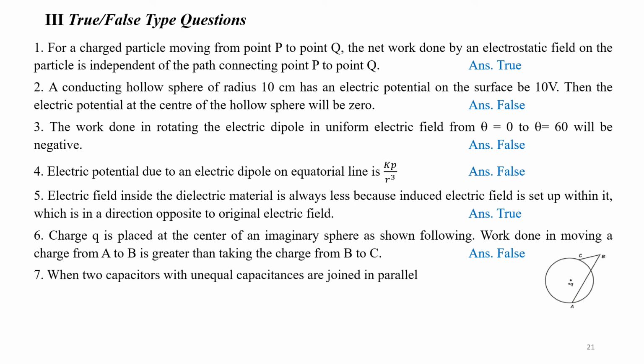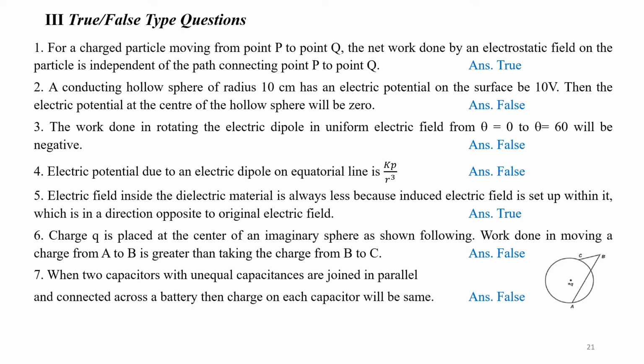When two capacitors with equal capacitances are joined in parallel and connected across a battery, then charge in the capacitors will be the same. This is false. For a parallel connection, the charge is different.